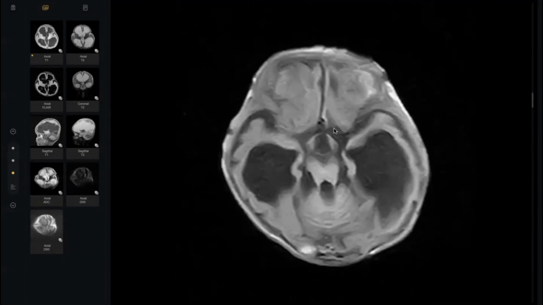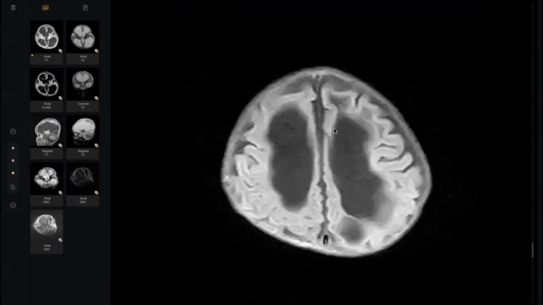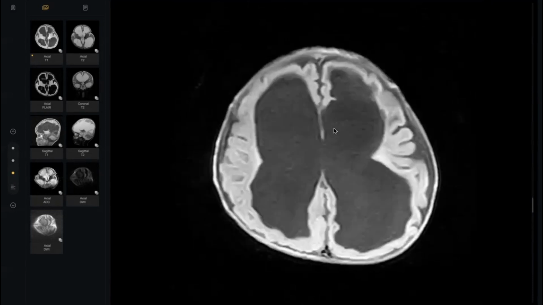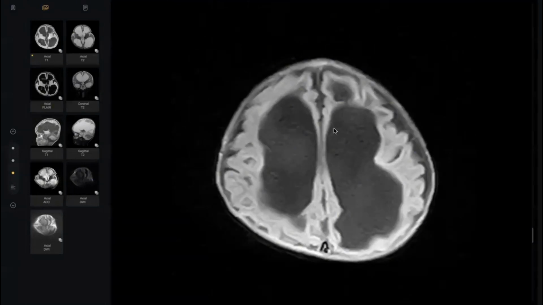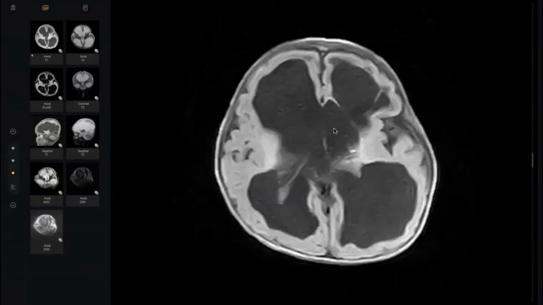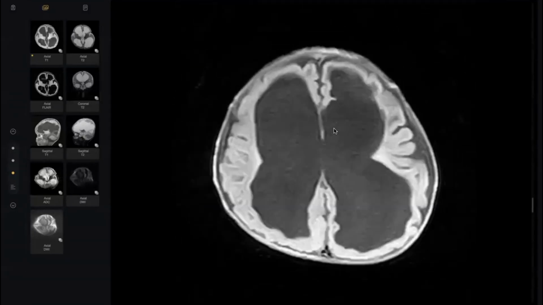Type 1 is in the caudo-thalamic groove. Here the anatomy is completely disturbed, completely destroyed. Type 4 is the intraventricular plus hydrocephalus.